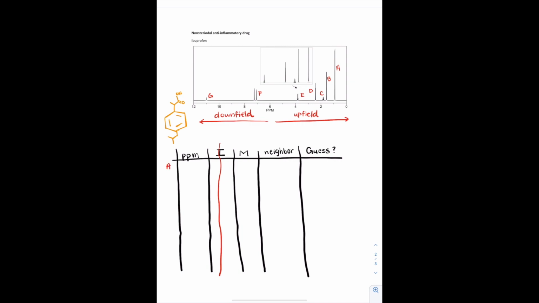Okay, so we're going to go ahead and do our chart, A, B, C, D, E, F, G. And we're going to start over here with G because I think that it's the easiest one. It's at around 11 ppm, which is pretty indicative of an alcohol or a carboxylic acid, something like that, which we've actually just seen.